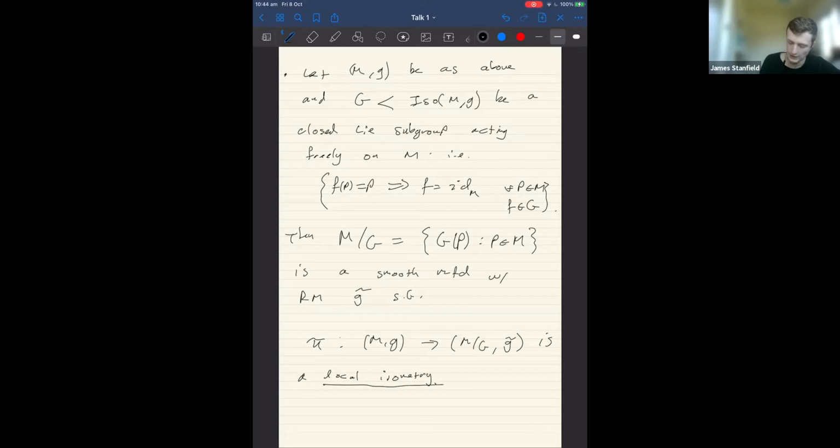I haven't defined what local isometry means, but it just means if I restrict to a small enough neighborhood, then I have a diffeomorphism onto the image, and this smaller map is an isometry, right?